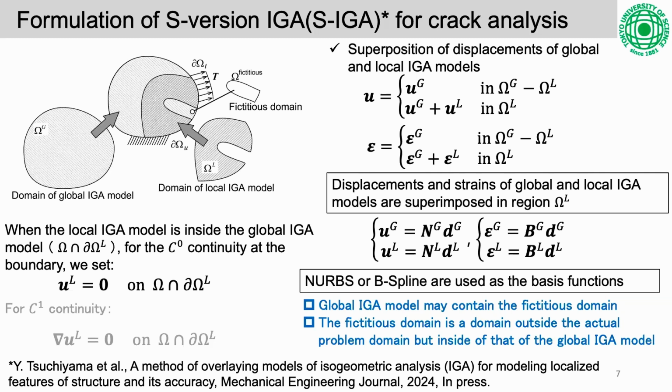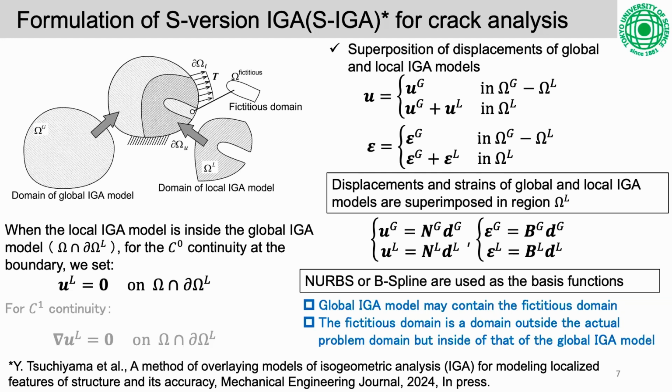In terms of interpolation functions, in this region where models are superimposed, the displacement functions of both the models are superimposed. Otherwise, the displacement function of the global model alone is used.